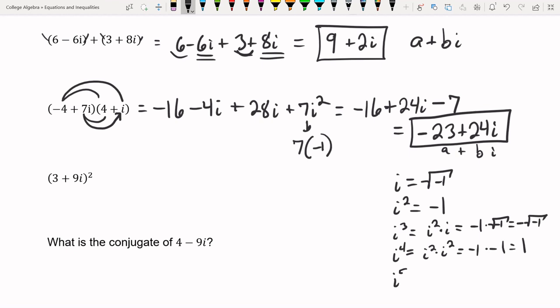That means i to the fifth is i to the fourth times i. i to the fourth is just 1. i is i. And we get i again. So i to the fifth equals i.